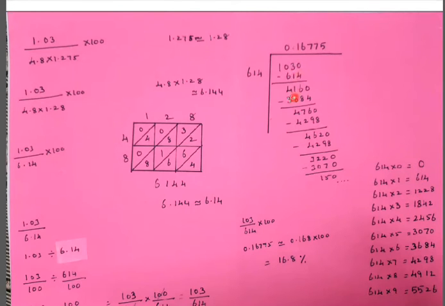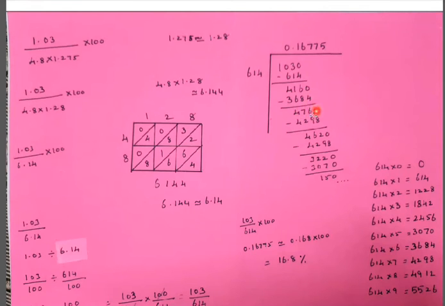Subtract this, we get 416, and adding 0, 4160. Less than 4160 is 3684, so it is 6 times. Write 6 here and subtract 3684. We are getting 476.